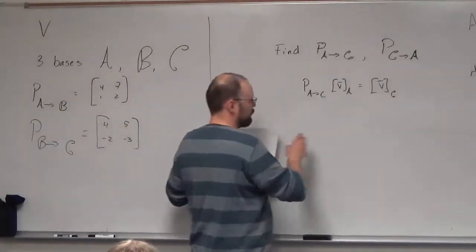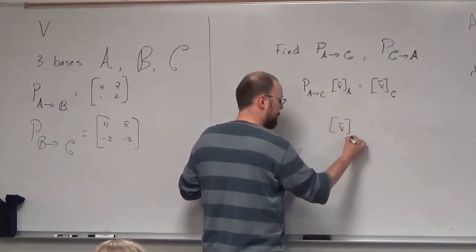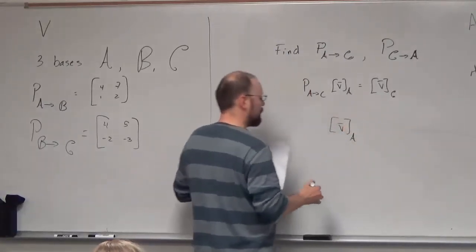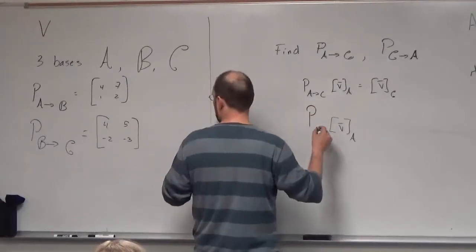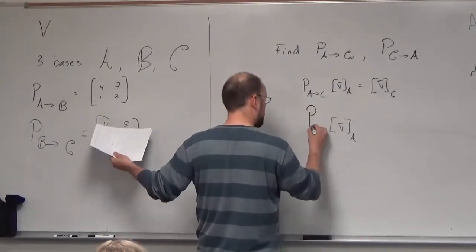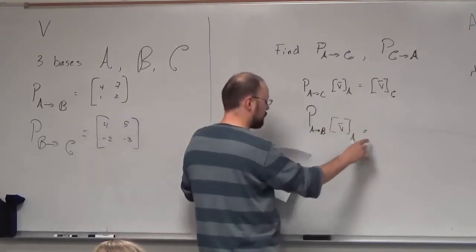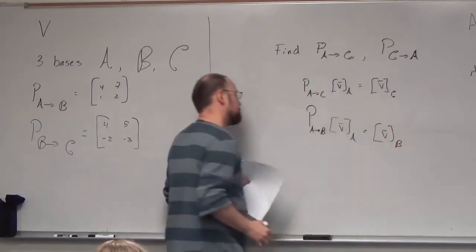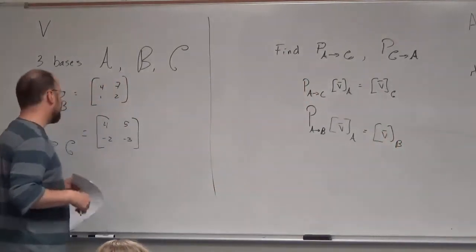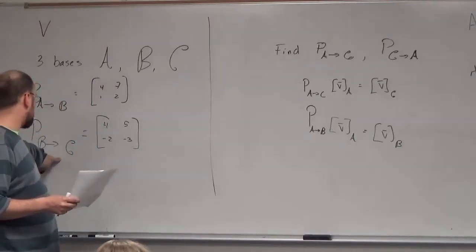But let's think of this as a two-step thing where we start with the coordinate vector with respect to basis A and multiply it by the transition matrix from A to B. What would this return? The coordinate vector with respect to basis B. Now take this result and multiply it by this transition matrix.